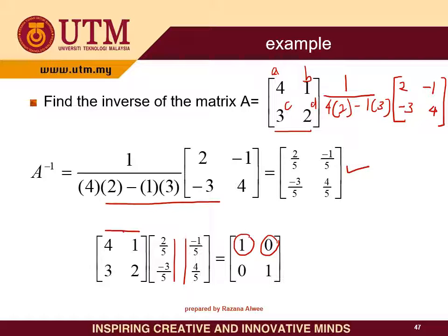The second row, 3, 2, multiplied by the first column, you will get 0. And the second row multiplied by the second column, you will get 1. Try this out. If you get 1, 0, 0, 1, then this shows that this is the correct A inverse for the matrix A.